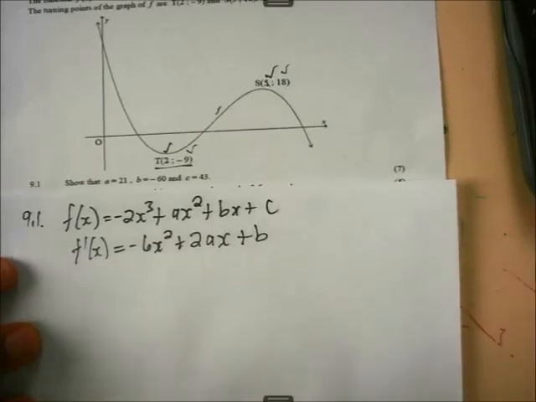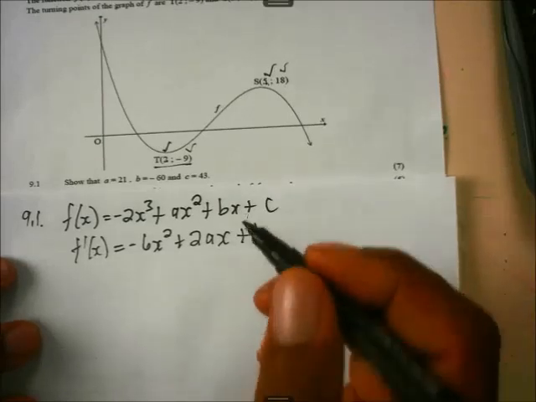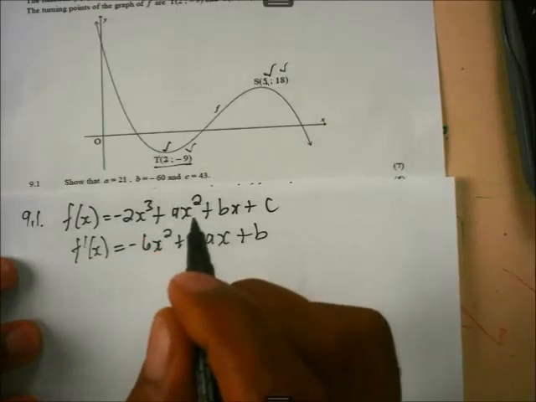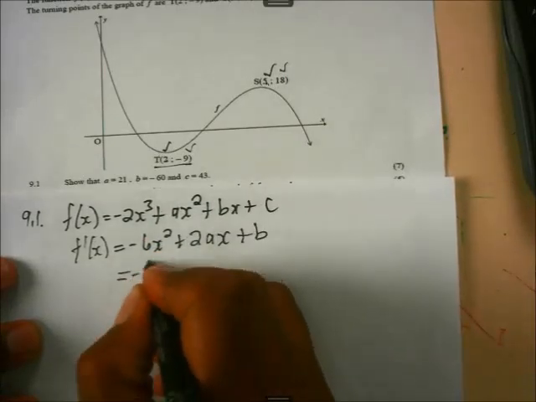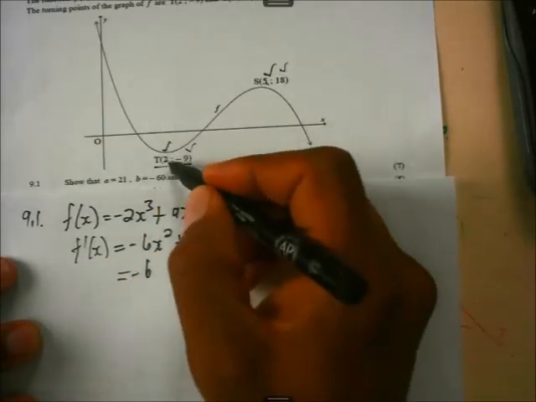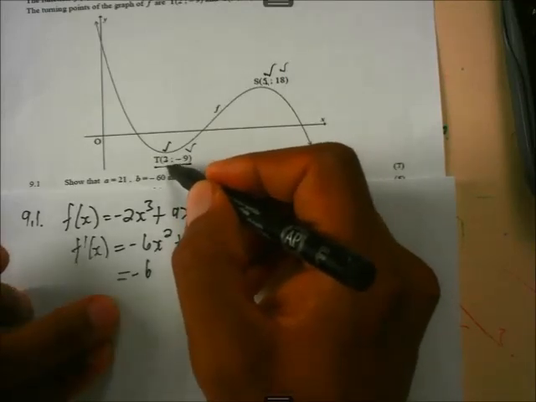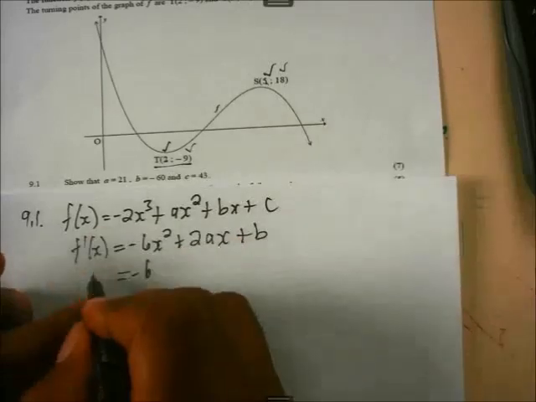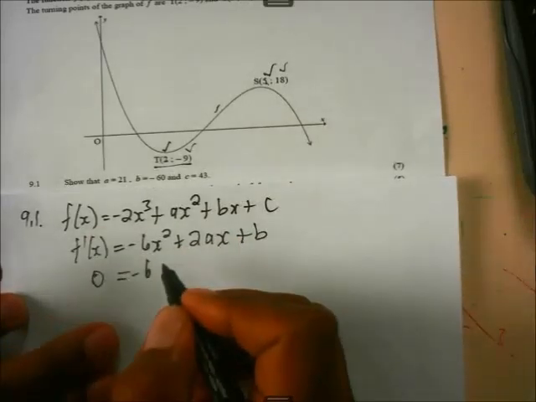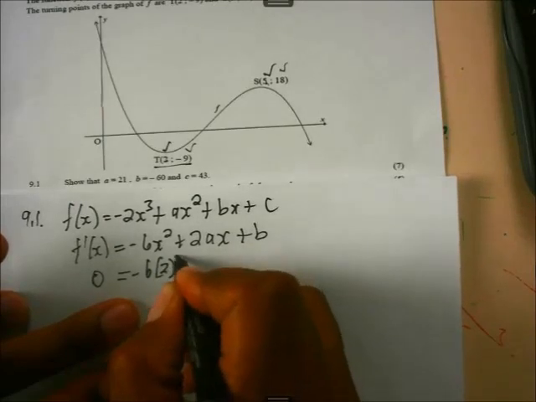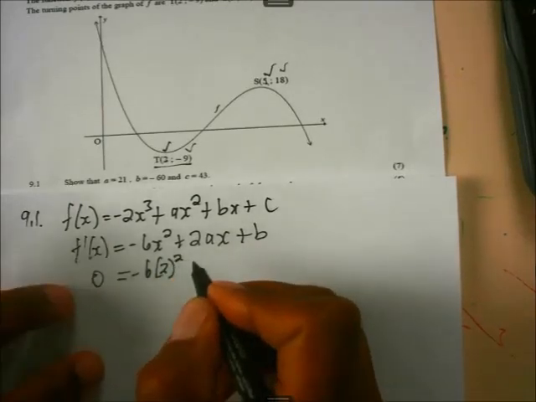Basically, at the turning points we let the gradient be 0. If you take the x value that you have obtained from solving the derivative and substitute it in the derivative, you are going to get y as 0. So when we substitute 2, our derivative will be 0.